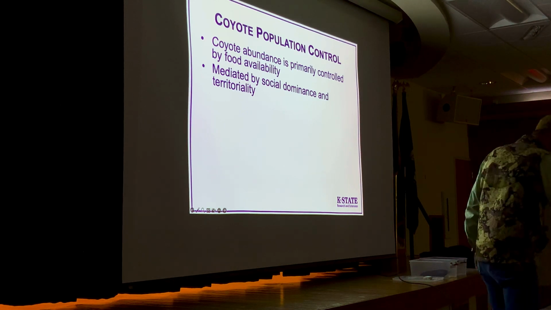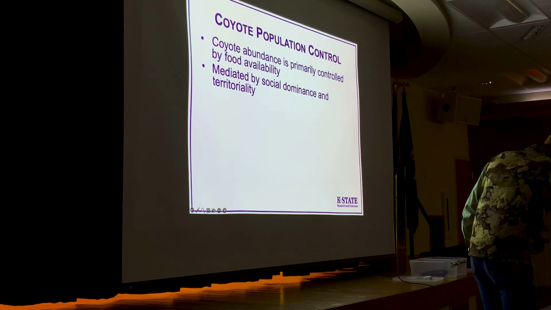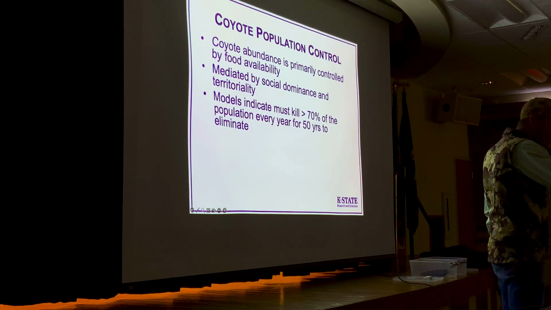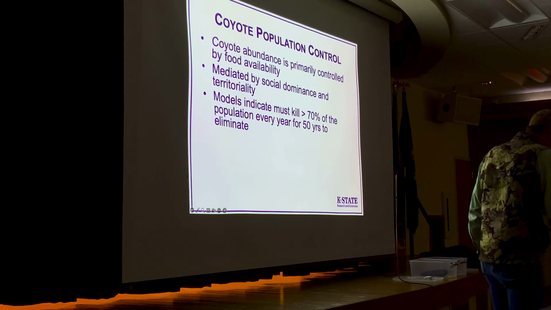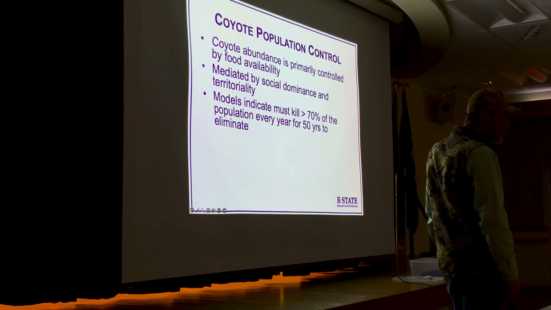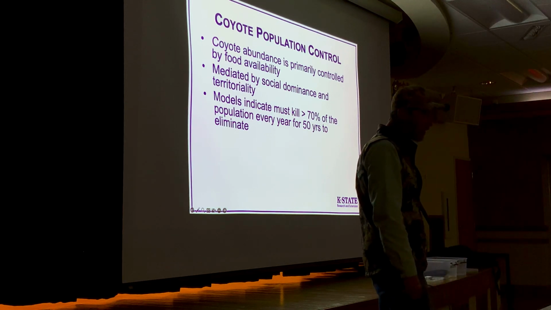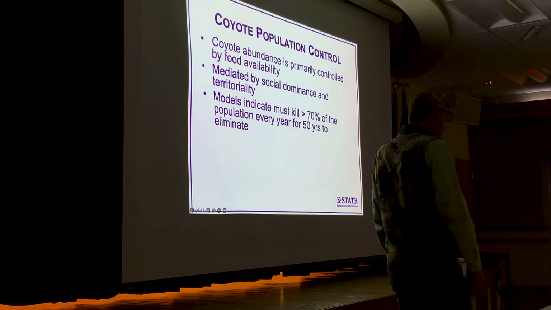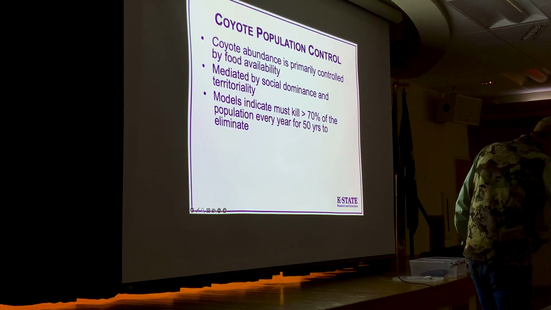About half the coyotes in most populations are residents and have a home range, and about half are transients, and they're floating around waiting for somebody to die. And because of that stuff, models indicate that you have to kill more than 70% of the population every year to even come close to eliminating it.